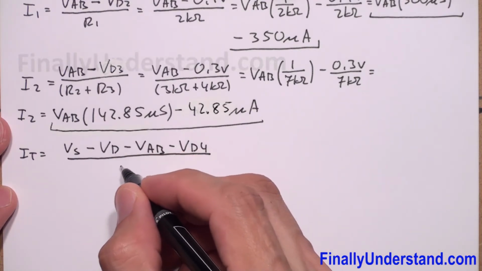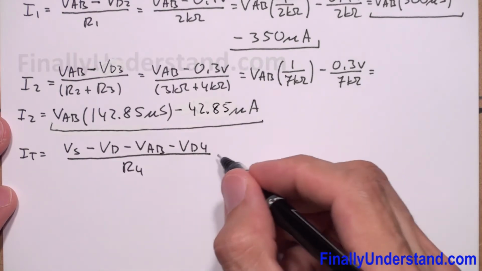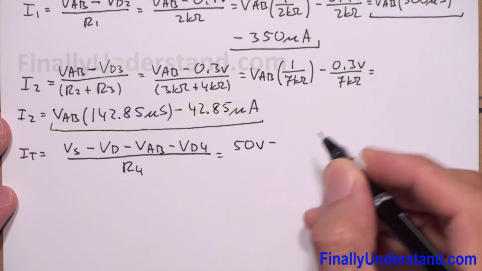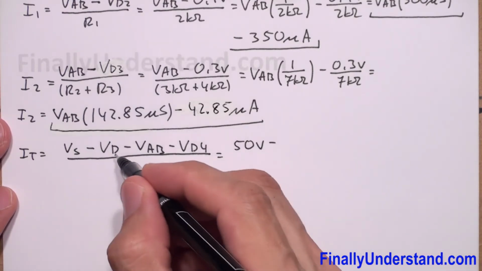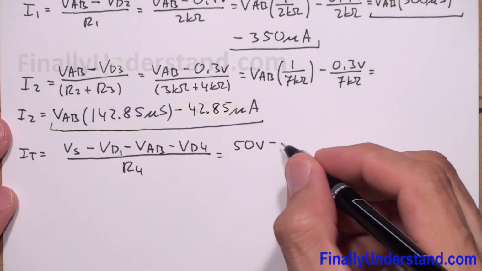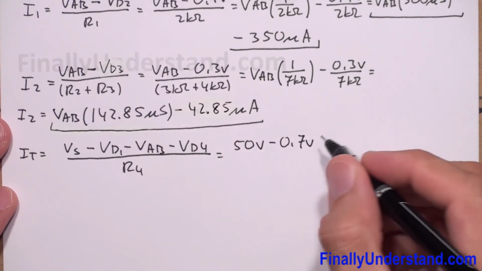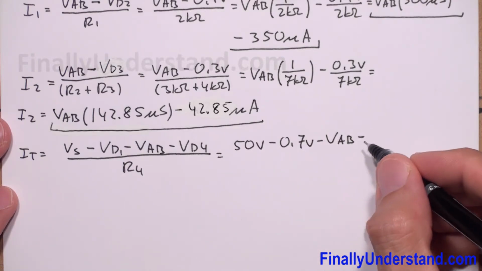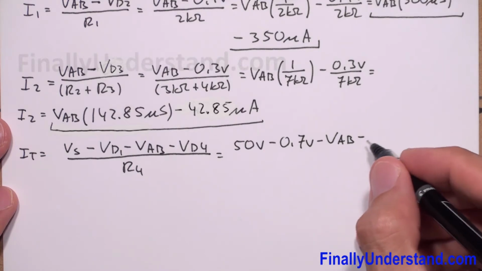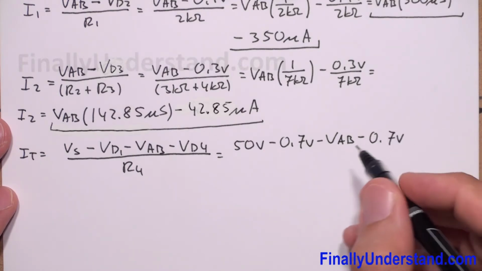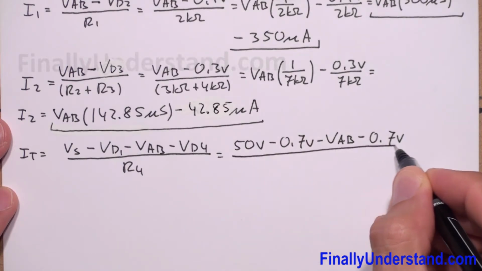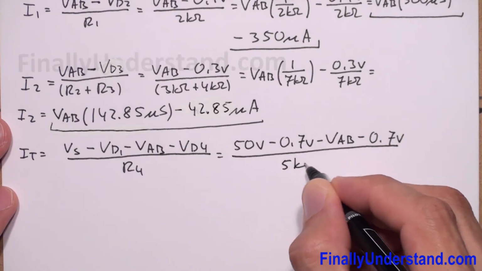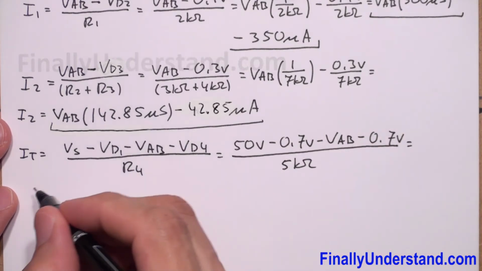The voltage source is 50 volts, minus VD1. I said D1 is silicon, that's why this is 0.7 volts, minus VAB, which we don't know yet, minus VD4. D4 is silicon, that's why this is 0.7 volts, over R4, which is equal to 5 kilohms.